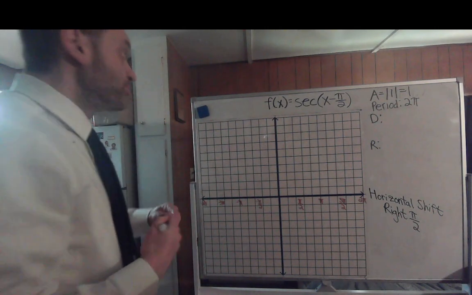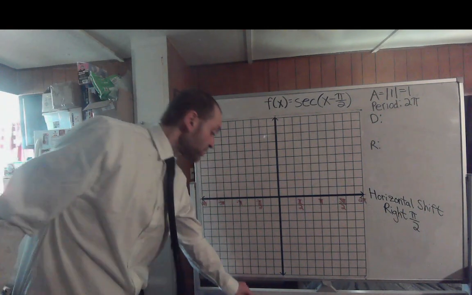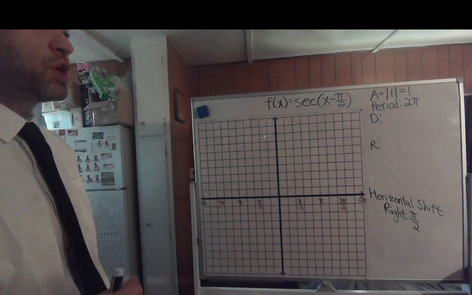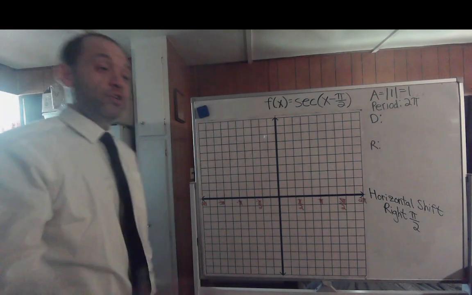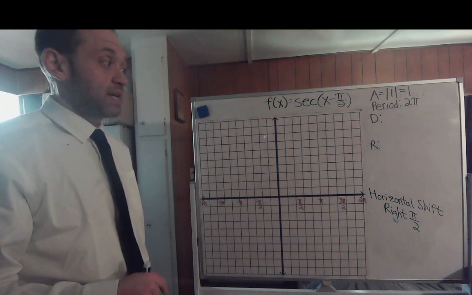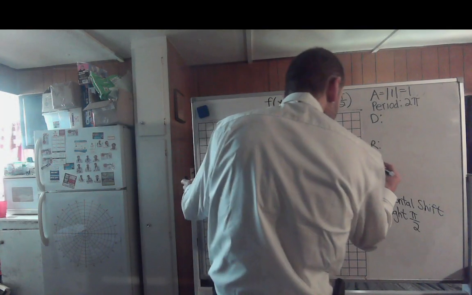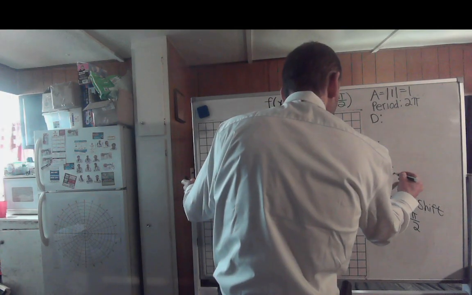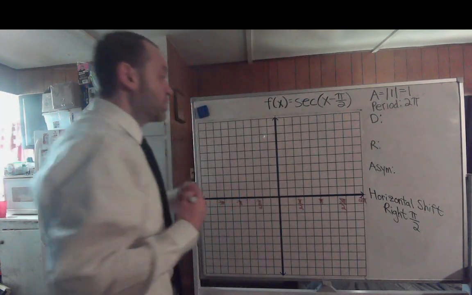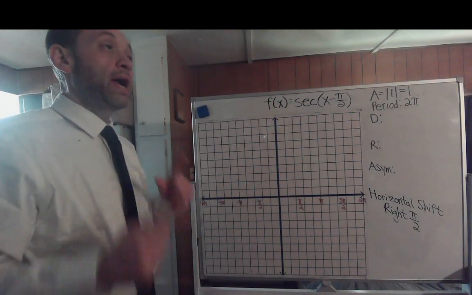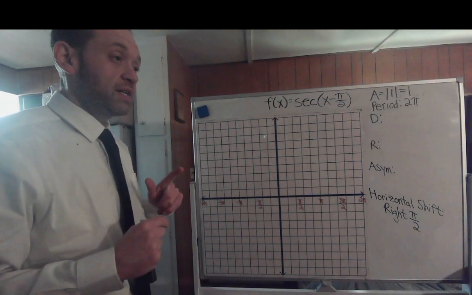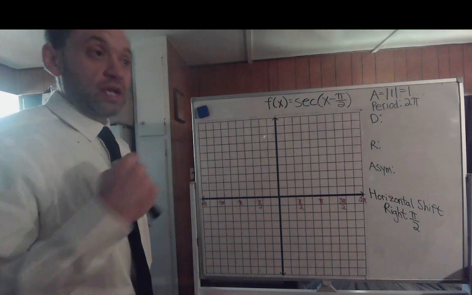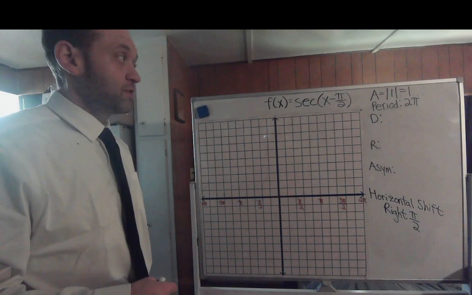Alright, so everything shifted to the right pi over 2. So, with your normal secant of x, and it might actually help to list the asymptotes. With your normal secant of x, where is your function undefined? That's going to be at odd multiples of pi over 2.